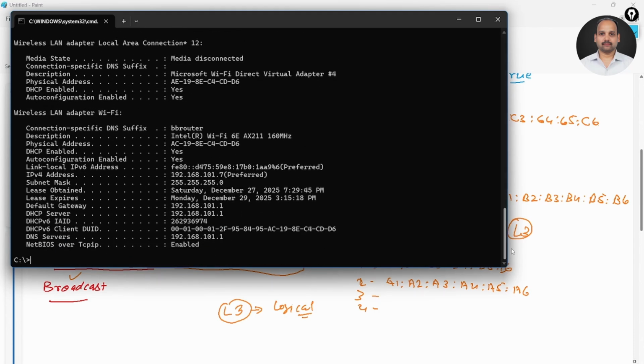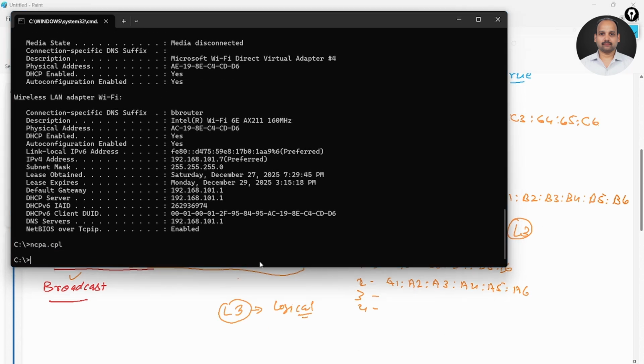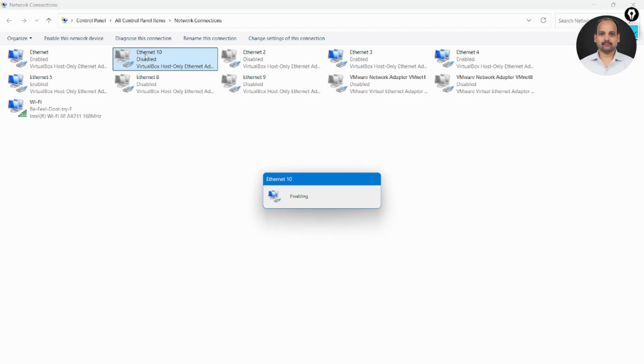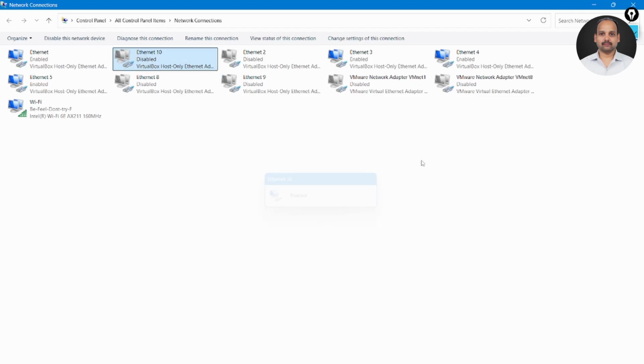And another option is ncpa.cpl, which is your network properties. Here you will see 1 2 3 4 5 6 7 8 9 10 11 interfaces, because some are virtual interfaces that come with my VirtualBox and VMware. But 5 interfaces are enabled, that's why it shows 5 MAC addresses.